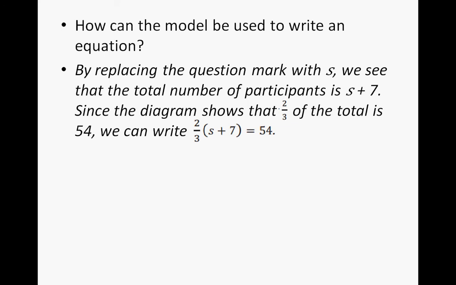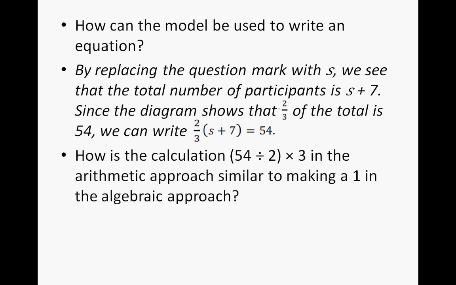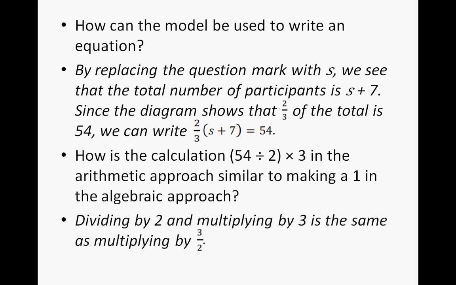And since the diagram shows that 2/3 of the total is 54, we can write 2/3 of s plus 7 is 54. So how is the calculation 54 divided by 2 times 3 in the arithmetic approach similar to making a 1 in the algebraic approach? Well, dividing by 2 and multiplying by 3 is the same as multiplying by 3/2.